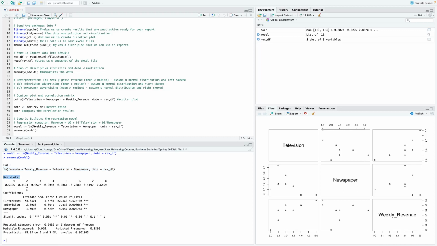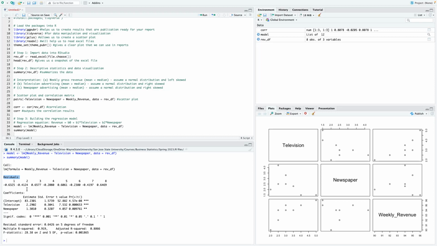And the residuals basically show us what is remaining when we look at our predicted values against the actual values.